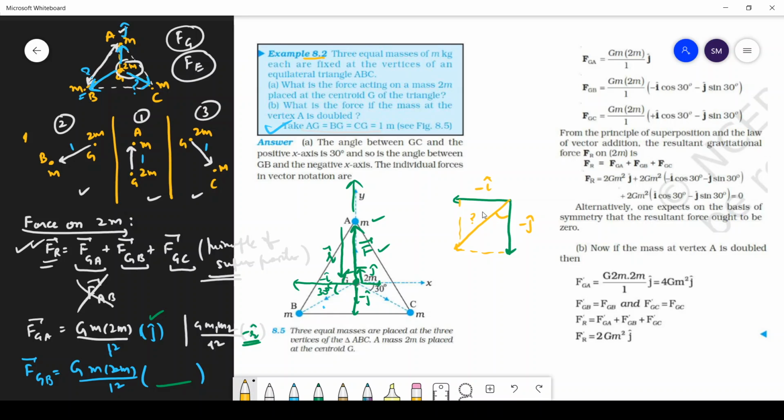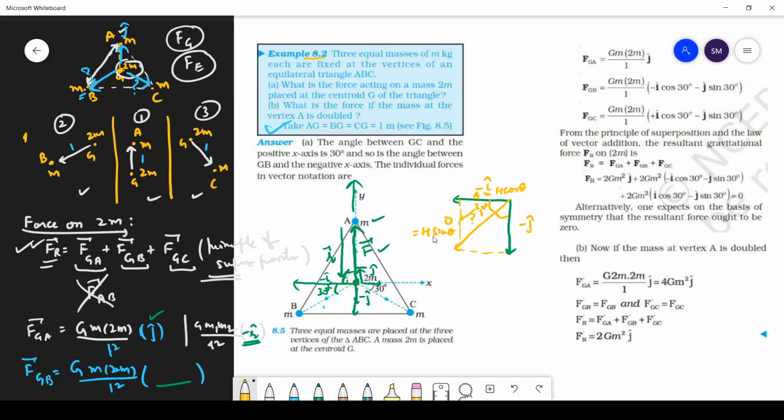You know that this is 1, and this angle is 30 degrees. So this is the hypotenuse, 1. This is the opposite side, and this is the adjacent side. Opposite side equals hypotenuse sine theta, and adjacent side is hypotenuse cos theta.